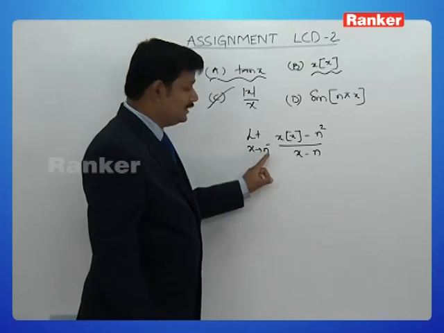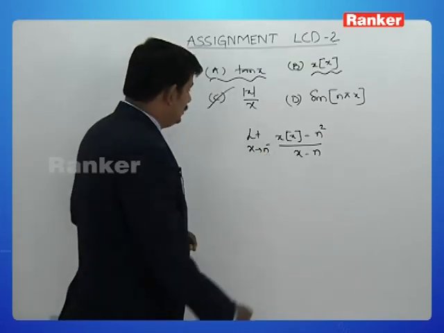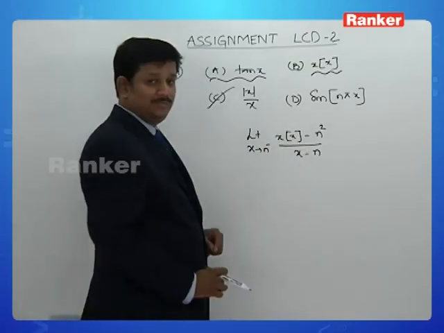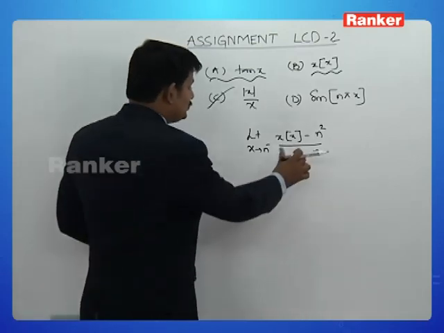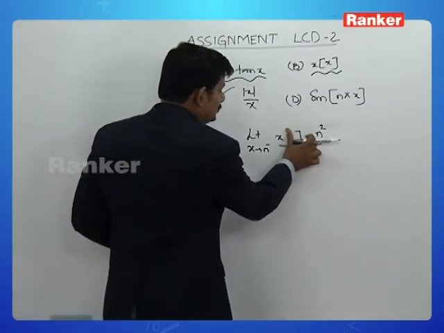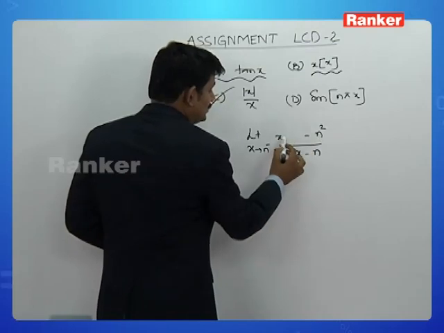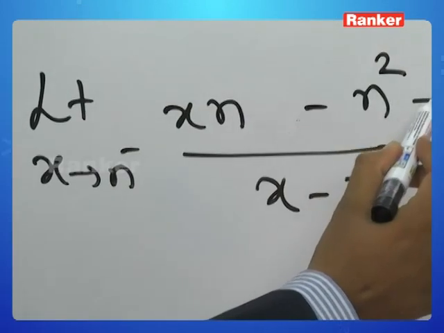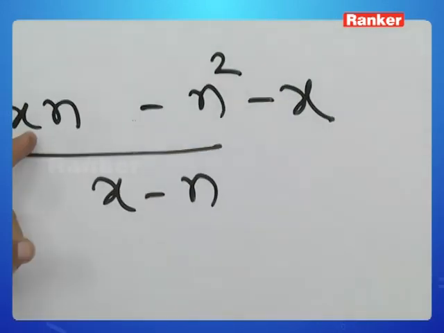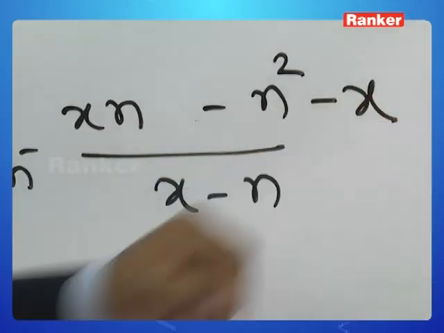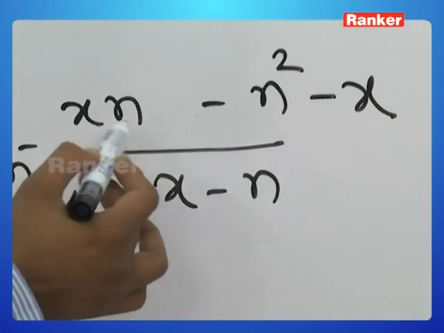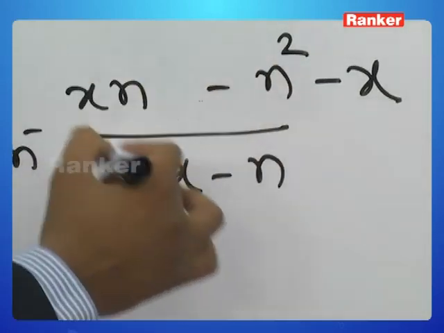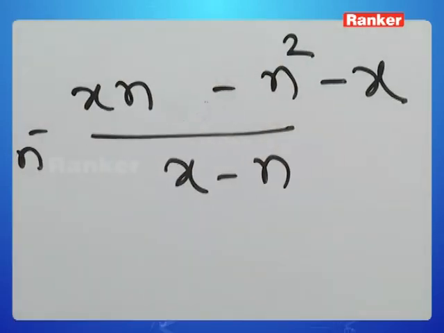When x is smaller than n, integral part of x would be n minus 1. So this is x into n minus 1, which can be written as xn minus x square minus x. Now we can see x minus n gets cancelled here.